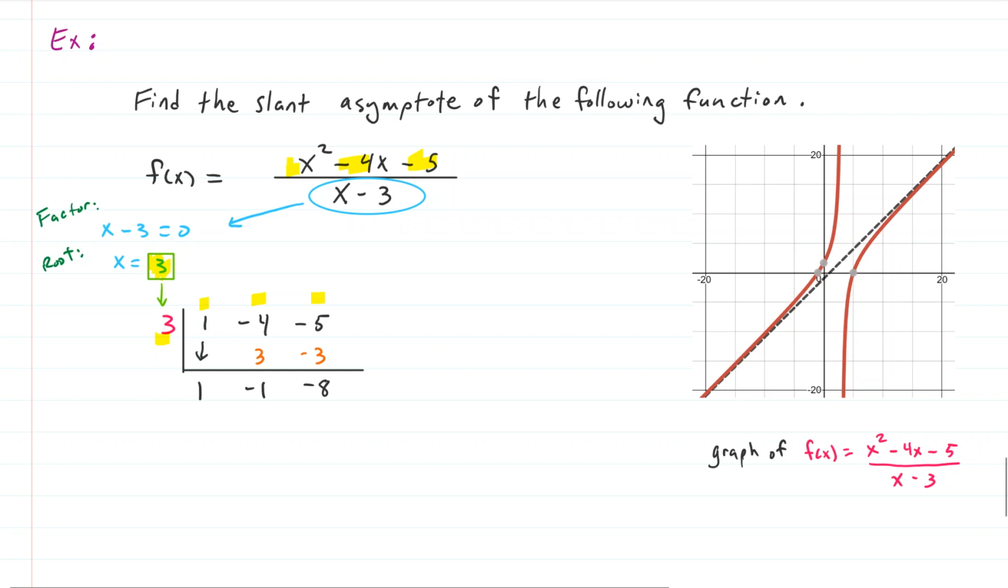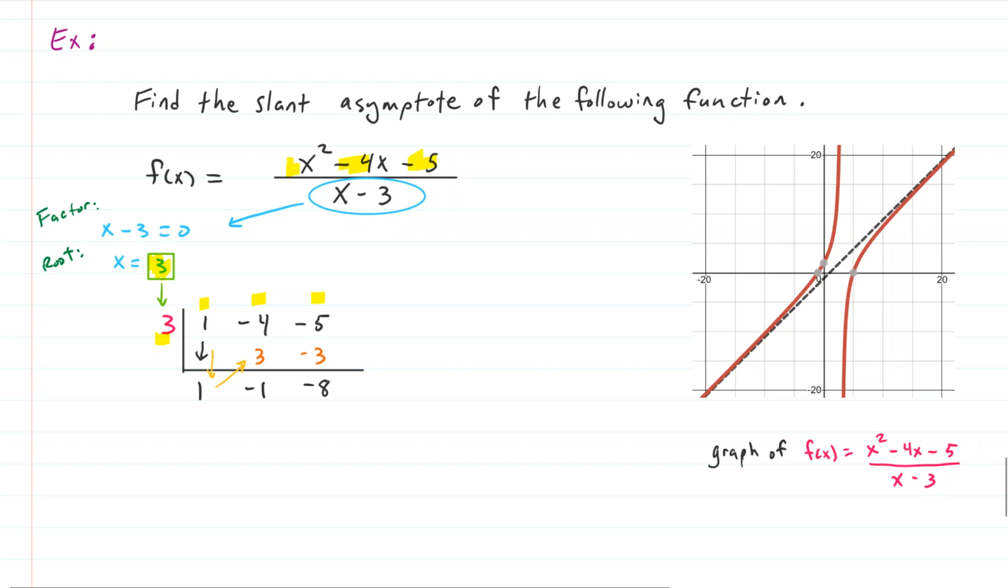So what happens is the first of the three numbers that came from the coefficients, 1, we drop straight down. So that comes down, and we have a 1 at the bottom. Then we multiply the 3 out front by that 1, and we get 3.